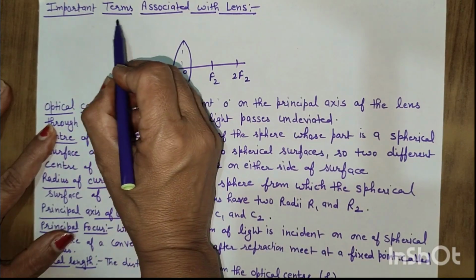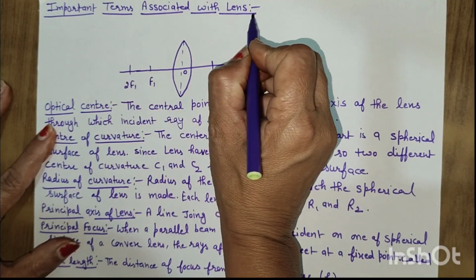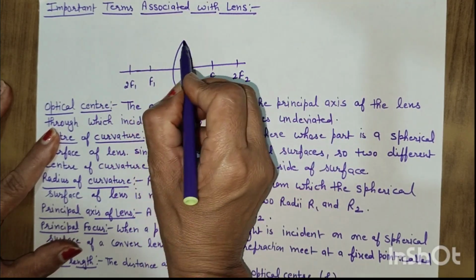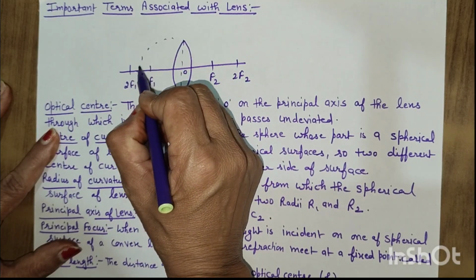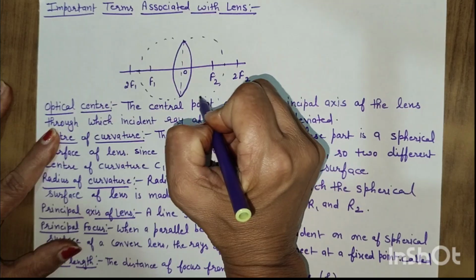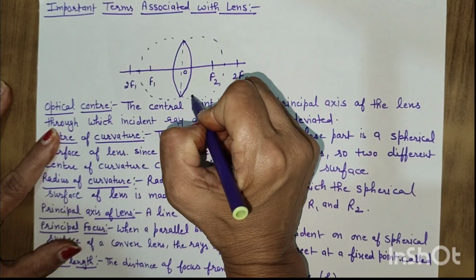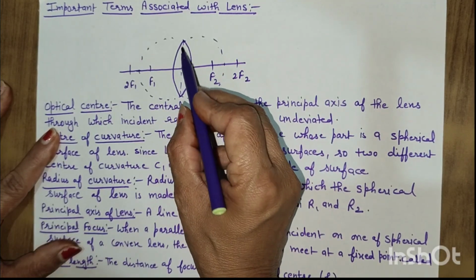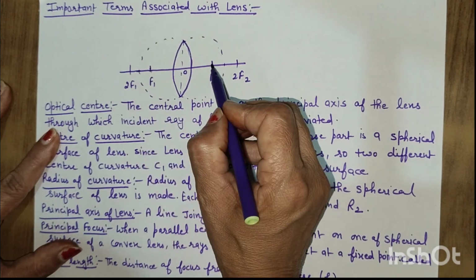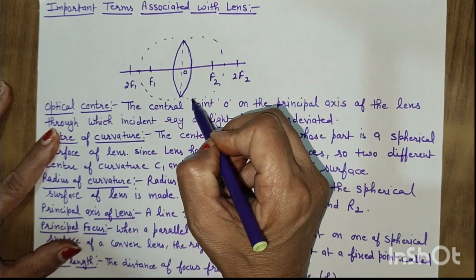We will discuss the important terms that are associated with the lens. This is the convex lens. And if we complete this sphere, there are two hollow spheres, and this is the focus of this sphere and this is the focus of this sphere.